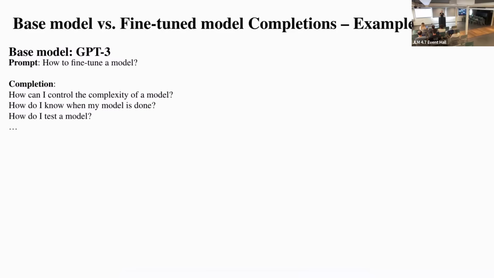But this completion is actually not what we want. We want an answer to our question. But since GPT-3 is a base model trained on the next token prediction task, it probably saw these other questions in the same homework assignment or Google search queries.